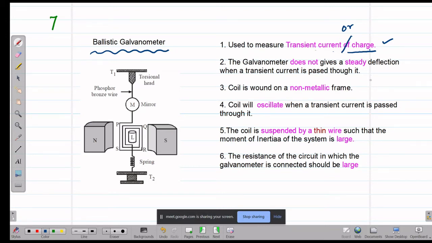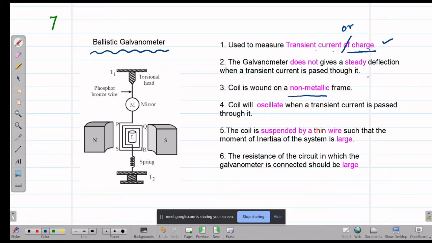The third important difference is that, remember, in the deadbeat galvanometer I said that the coil is wound on a metallic frame. In this case, the coil is wound on a non-metallic frame, wooden frame or plastic frame or bakelite frame and so on. This will prevent the damping. We will understand it later.